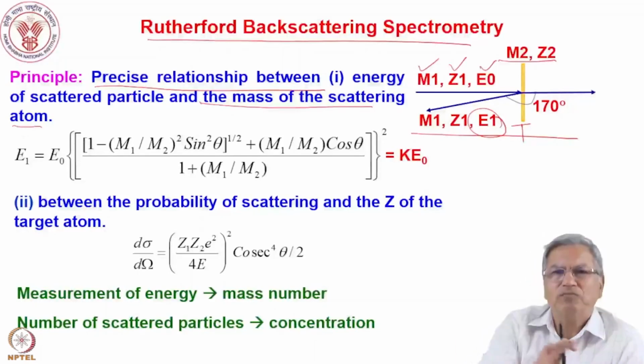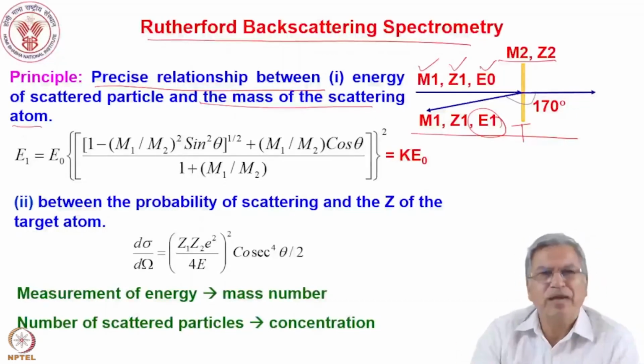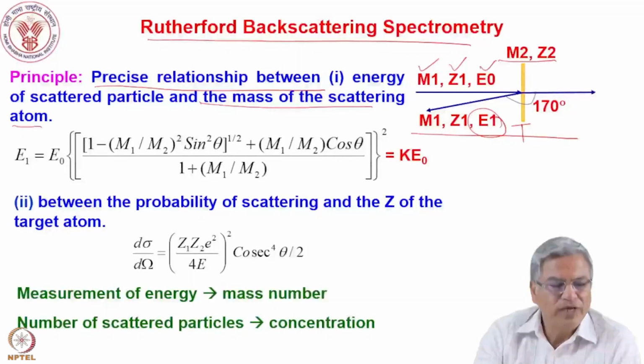So you can, from the conservation of mass and energy and the conservation of linear momentum, set up the equation like we did in that particular lecture to find out the mass of the target nucleus. If you recollect, we had solved that equation for energy E3 of M3, whereas here we will be determining the mass of M2 itself.